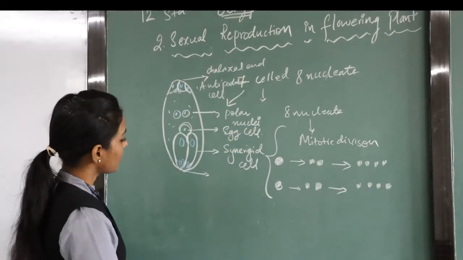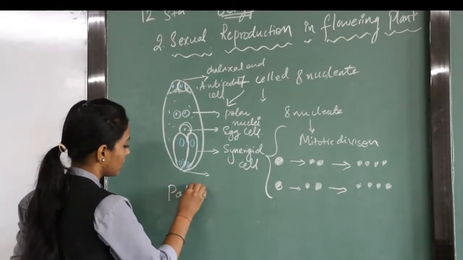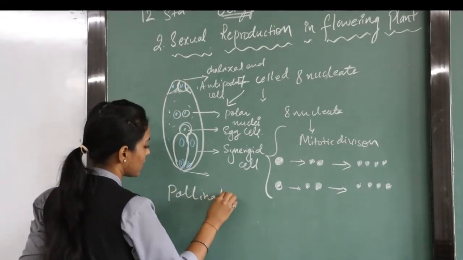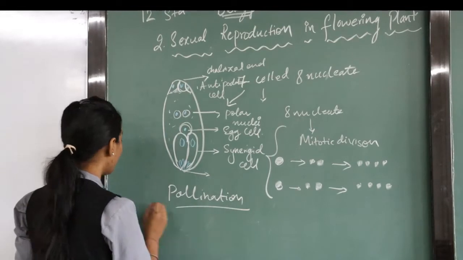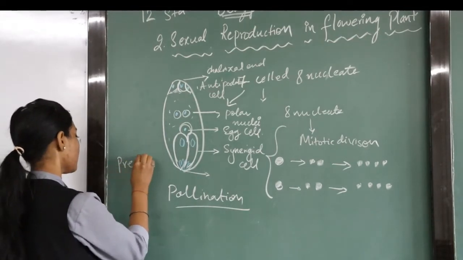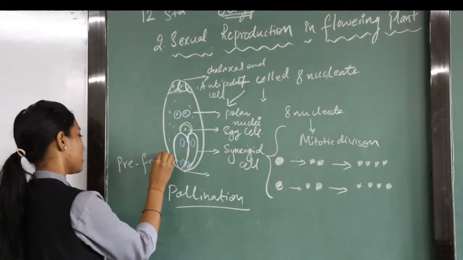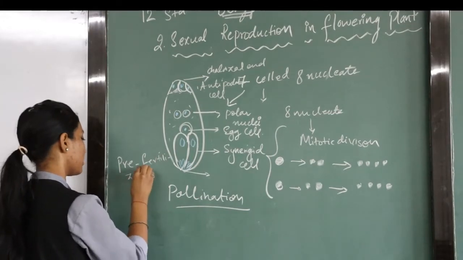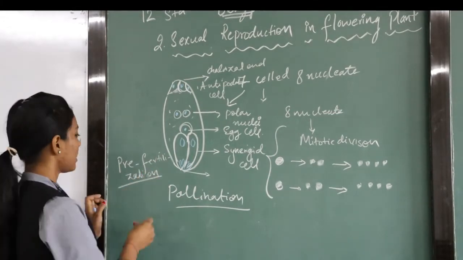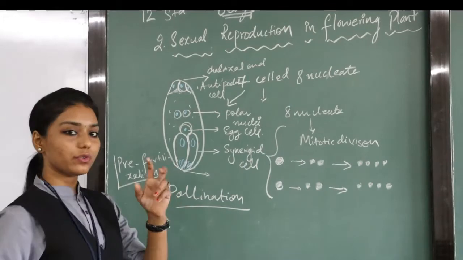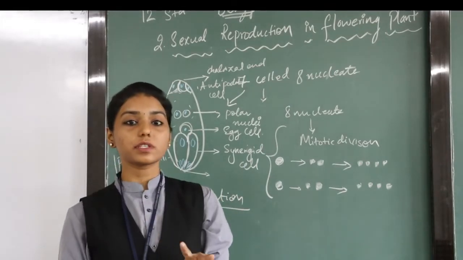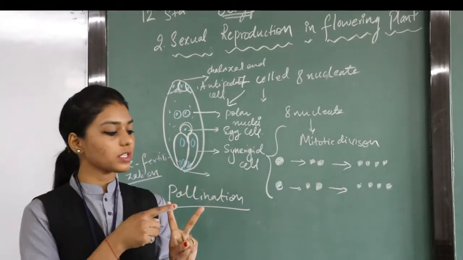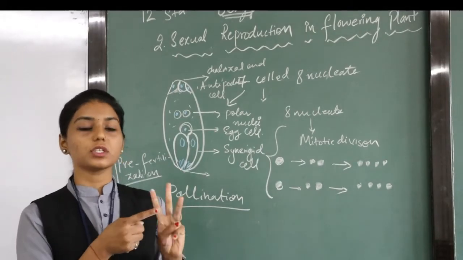Then, in the last portion, we started with pre-fertilization. At the start of this chapter I said that the things we are going to discuss are: pre-fertilization steps, which involve male gametophyte formation, female gametophyte formation and pollination.